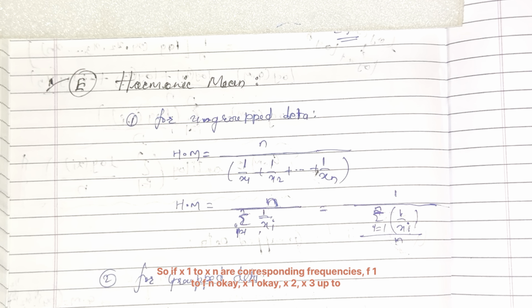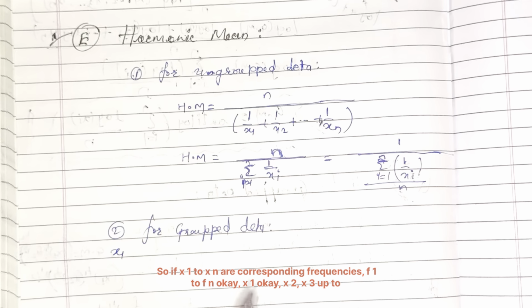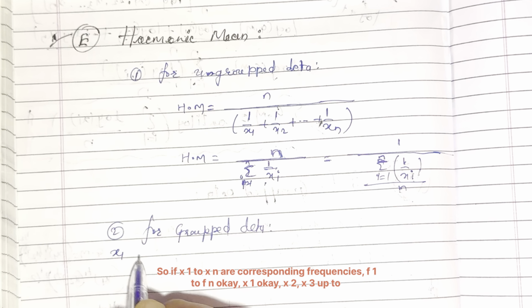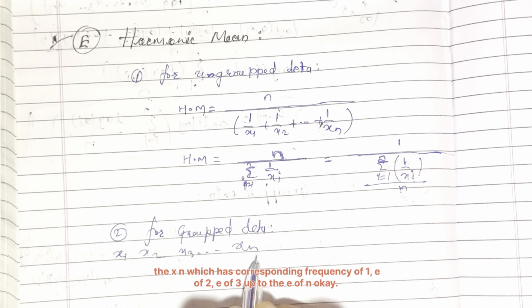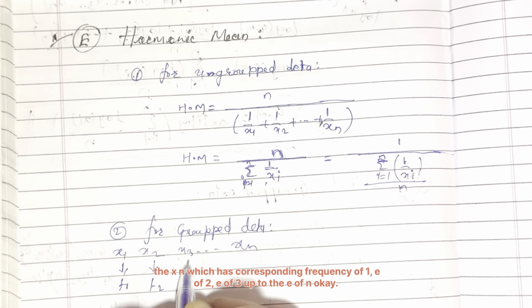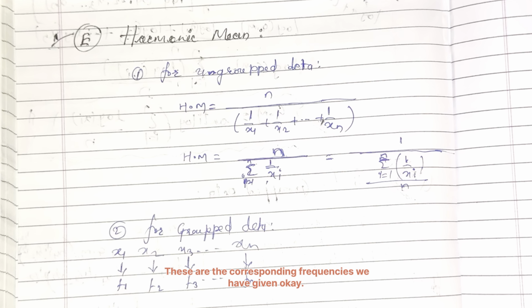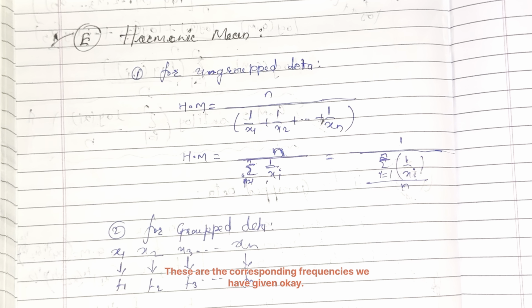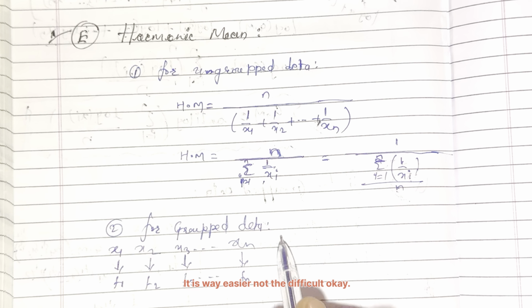So if x1, x2, x3 up to xn have corresponding frequencies f1, f2, f3 up to fn, these are the corresponding frequencies given. Then we write the harmonic mean. Directly I'm going to write it using this one. It is way easier, not difficult.